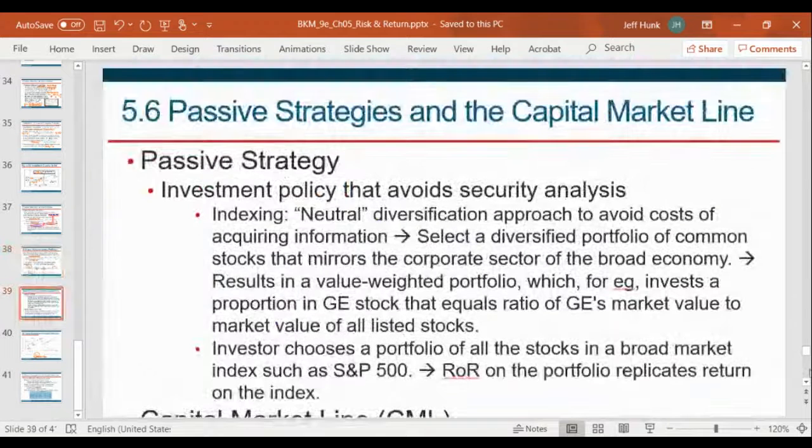So this is basically the capital allocation line, and what the Sharpe ratio means, what the Sharpe ratio is, and how the capital allocation line is constructed from expected risk premium and standard deviation.